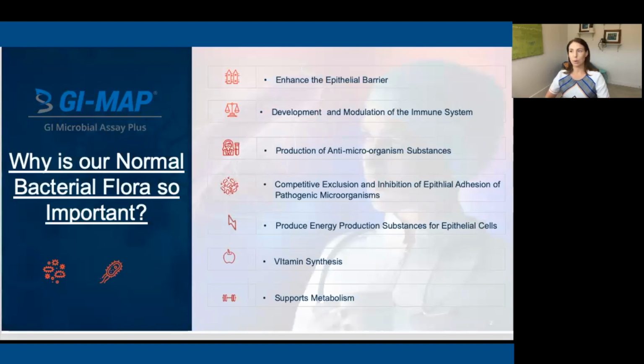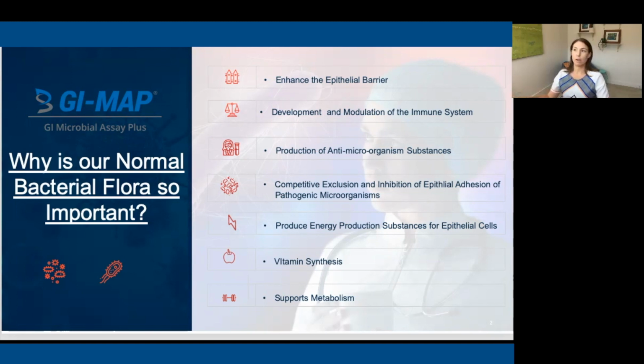So as you probably all know, over millions of years of coevolution, we've been able to develop this really beautiful synergistic, mutual and beneficial relationship between ourselves and our microbiota. And so our microbiota helps a ton with our different physiological functions, and we in turn are able to offer them nourishment and a place to live.